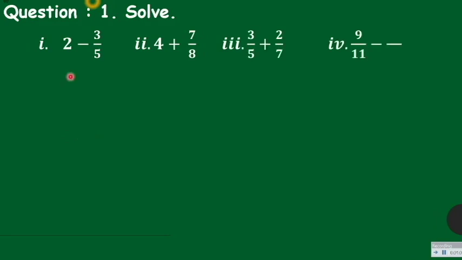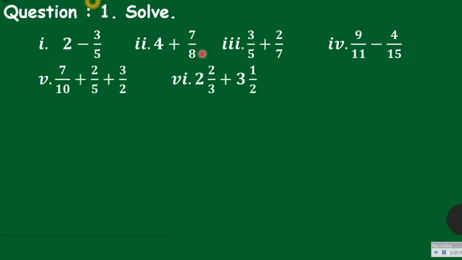The questions are: first, 2 minus 3 by 5; second, 4 plus 7 upon 8; third, 3 upon 5 plus 2 upon 7; fourth, 9 upon 11 minus 4 upon 15; fifth, 7 upon 10 plus 2 upon 5 plus 3 upon 2; sixth, 2 whole 2 upon 3 plus 3 whole 1 upon 2; seventh, 8 whole 1 by 2 minus 3 whole 5 by 8.